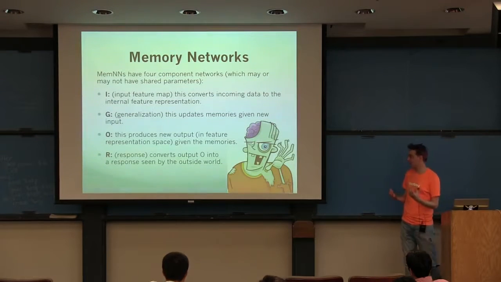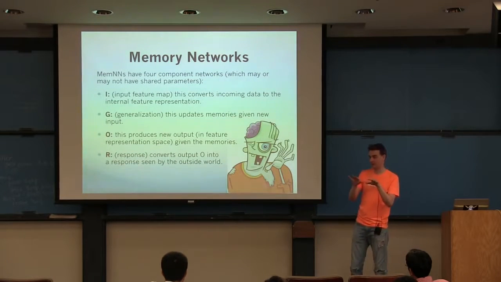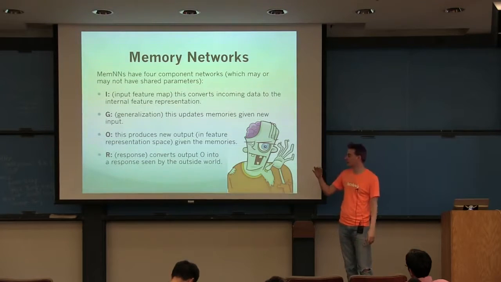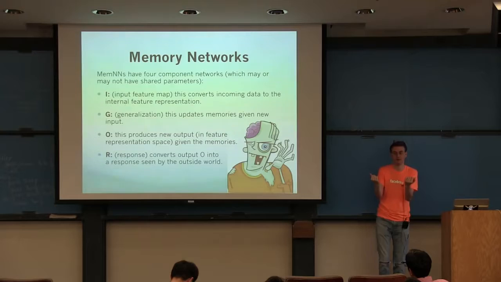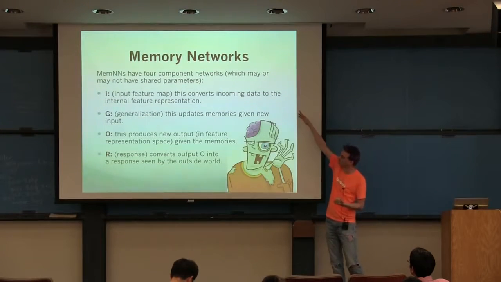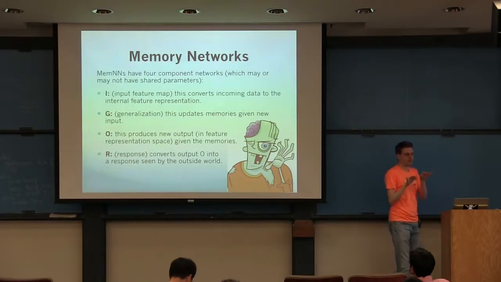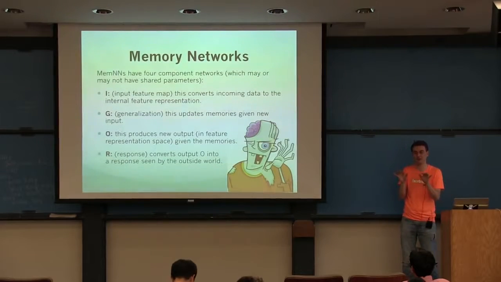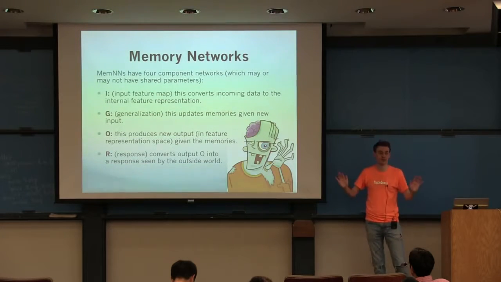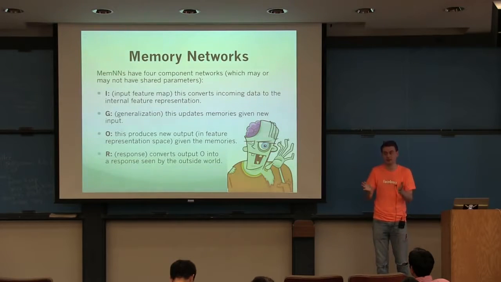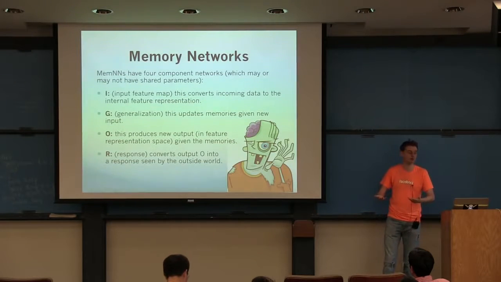The O component, after it's read from the memory, is supposed to build an output representation. This is also a feature representation, different from the input representation from I, but which is meant to represent all the features necessary to answer a question successfully. Or, if you were using this not for question answering, but for, say, a robot acting, it would be all the features necessary to act well, right?